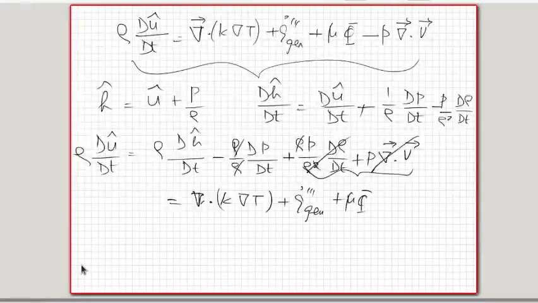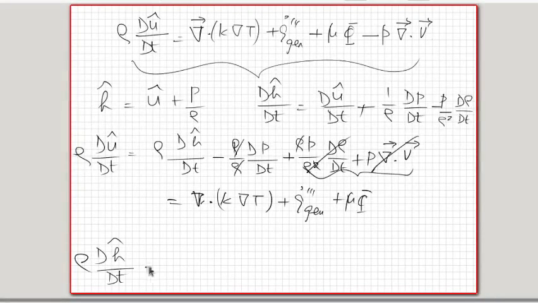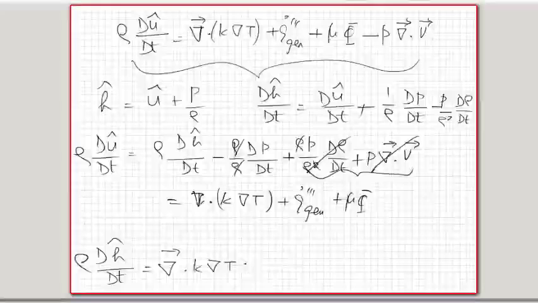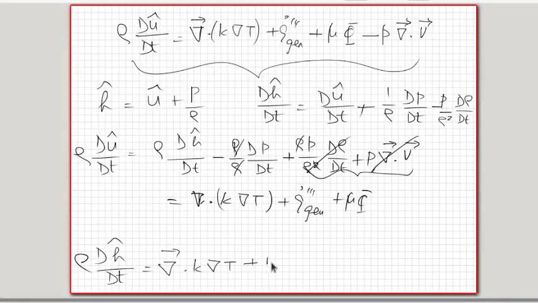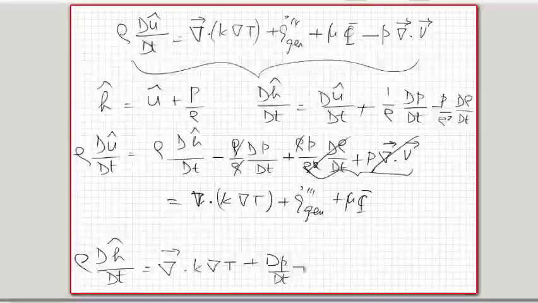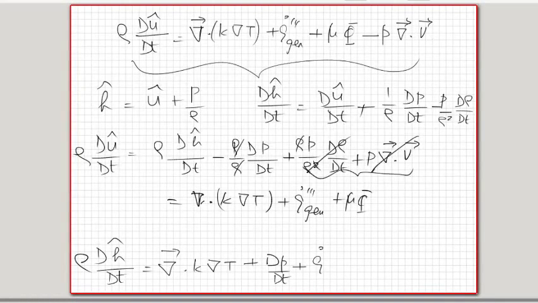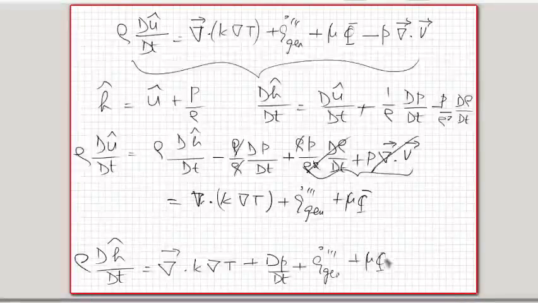So I can write the energy equation as rho dH/dt is equal to, this dP/dt goes to the right hand side, so I'll have del dot K del T plus dP/dt plus Q dot generation triple prime plus mu phi.